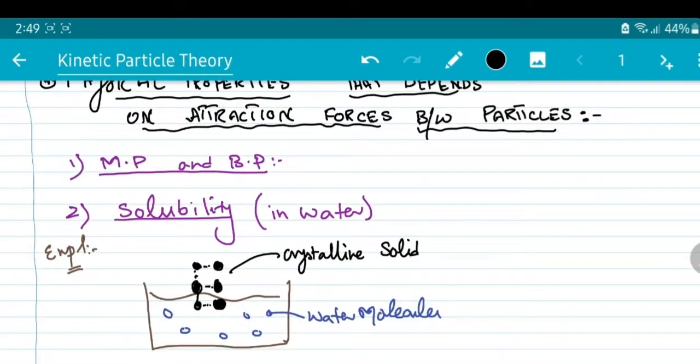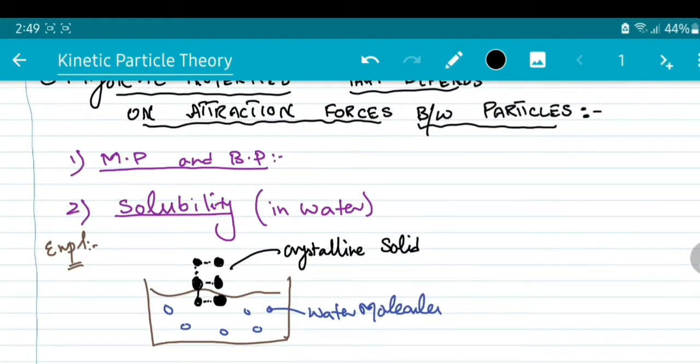And our second physical property is the solubility in water. For instance, we can explain it through an experiment: if you take a jar filled with water and try to dissolve solid crystals inside it, the one having strong attractive force between its particles will take more time to dissolve.